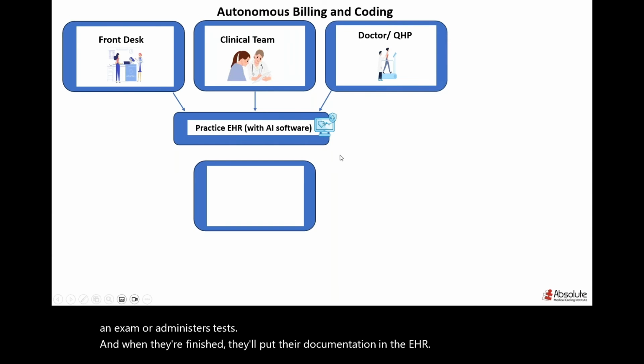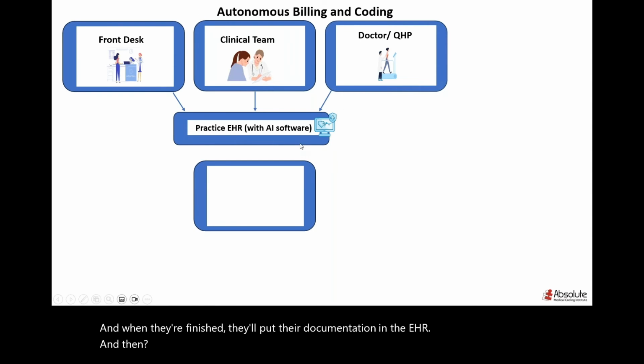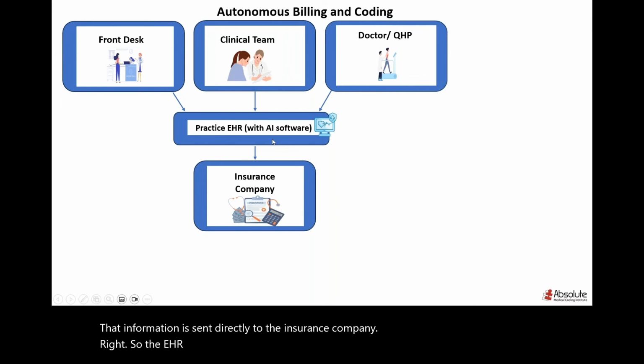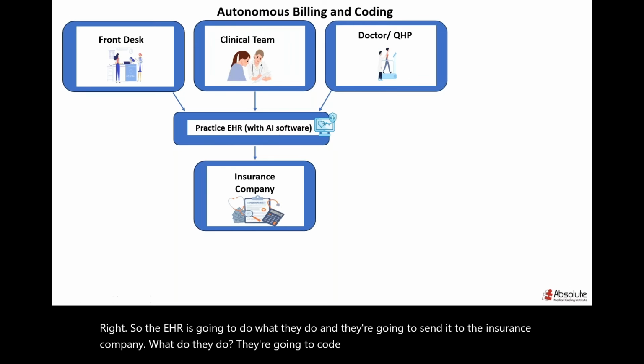And then that information is sent directly to the insurance company, right? So the EHR is going to do what it does, and they're going to code it and they're going to bill it.